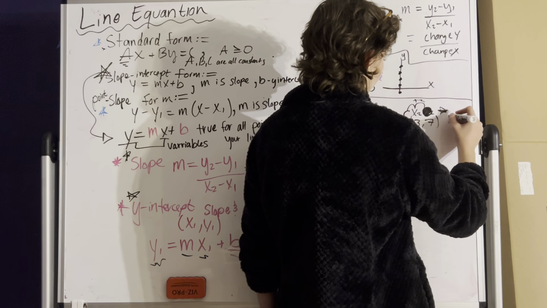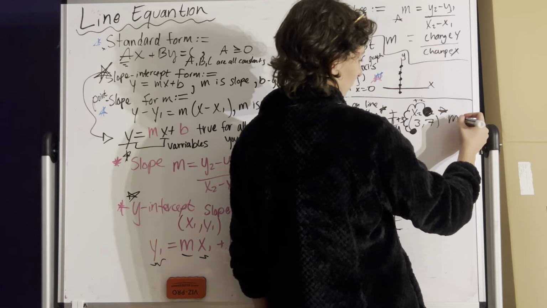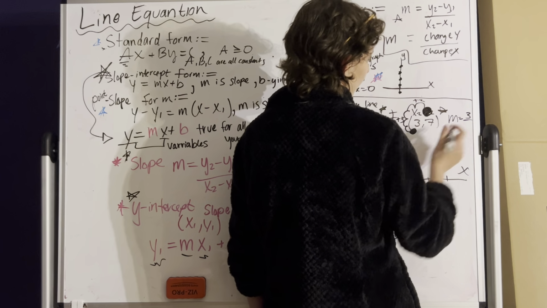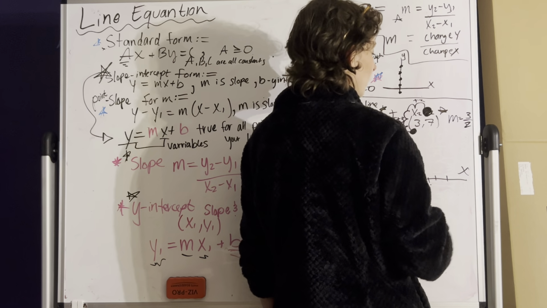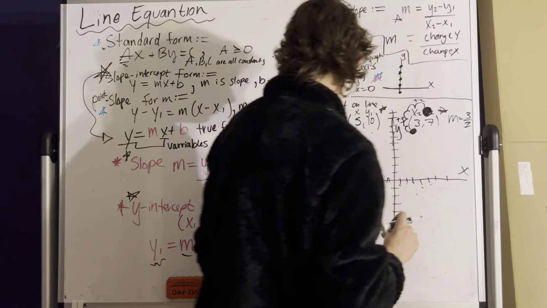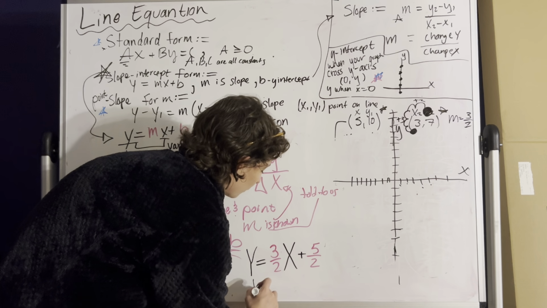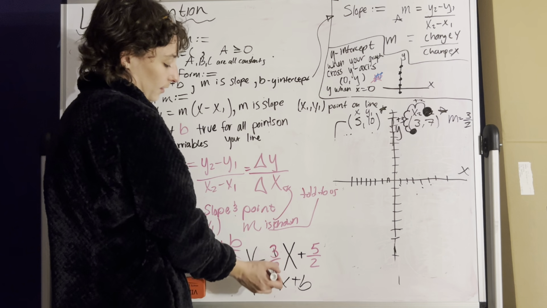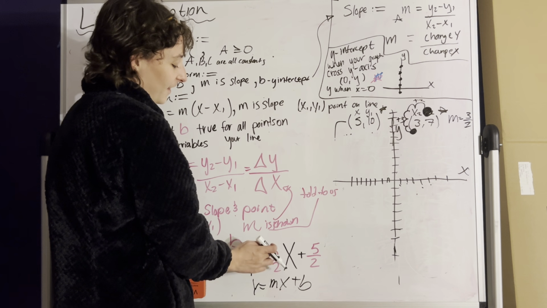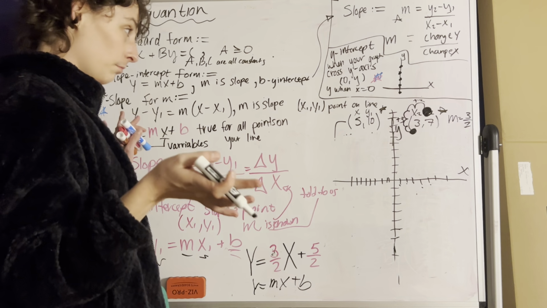So we'll see then that m is our change in the y-axis, so our change is a positive 3. And then the change in the x direction is a positive 2. So we should be pretty happy, because if this equation is y equals mx plus b, then m is 3/2, which is what we got over here. So we're doing pretty good.